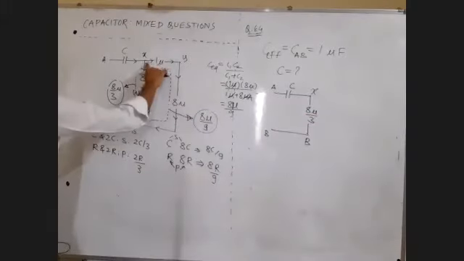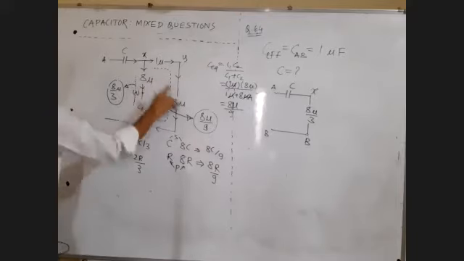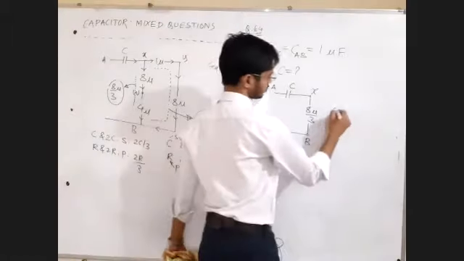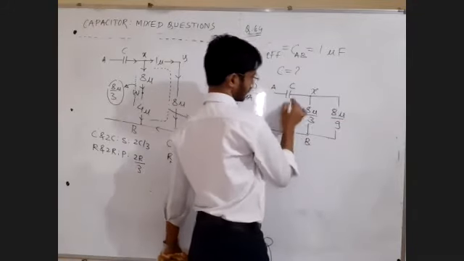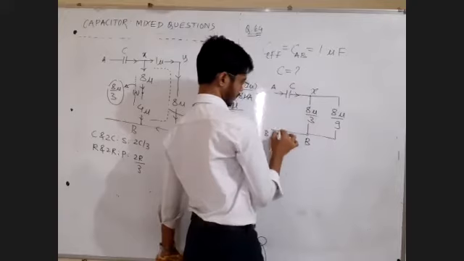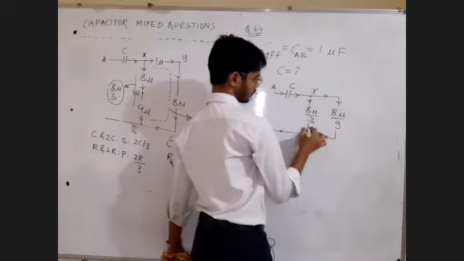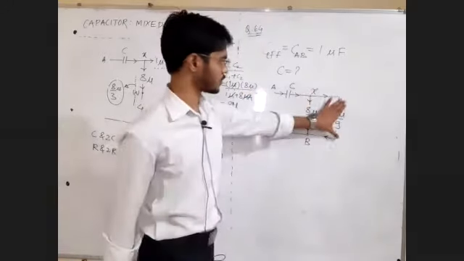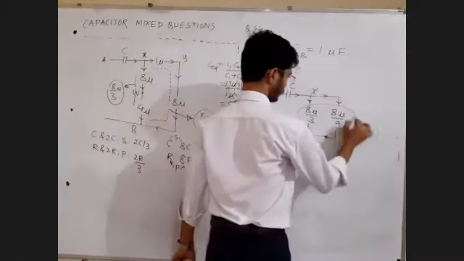Next, between the same two points X and B, this branch is a series combination of 1 micro and 8 micro, that is 8 micro upon 9. Now you can again assign the direction of charge flow from point A to point B. Again you will observe that we have two branches in parallel to each other.